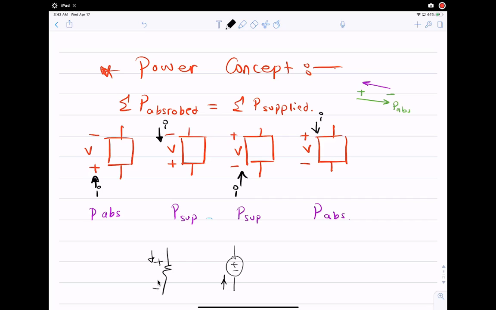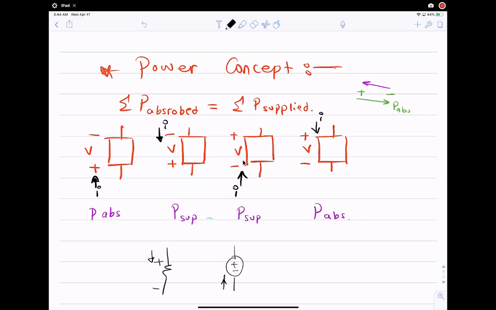While if I just entered the building and I want to go to the top floor, that means I'm going higher and higher. Then it's supplying. So if I'm going up from a negative floor to a positive, that means I'm going up. If the opposite, I'm going down. This is absorbed, this is supplied.